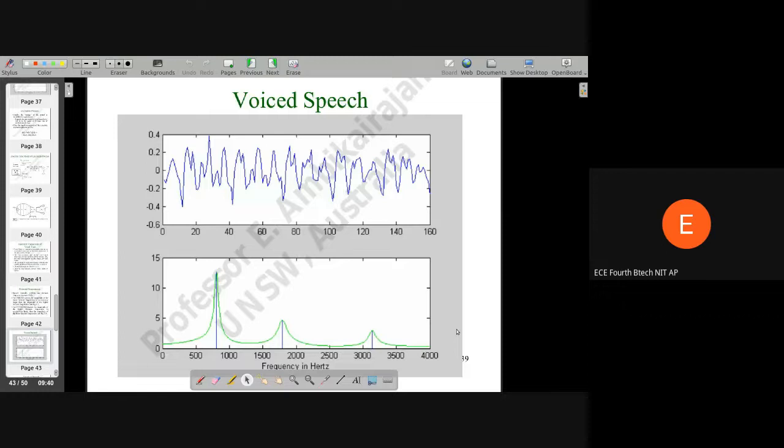Human females are generally smaller than males, and their biological characteristics are such that the vocal tract is shorter compared to males, and shorter tubes generally produce higher frequencies.